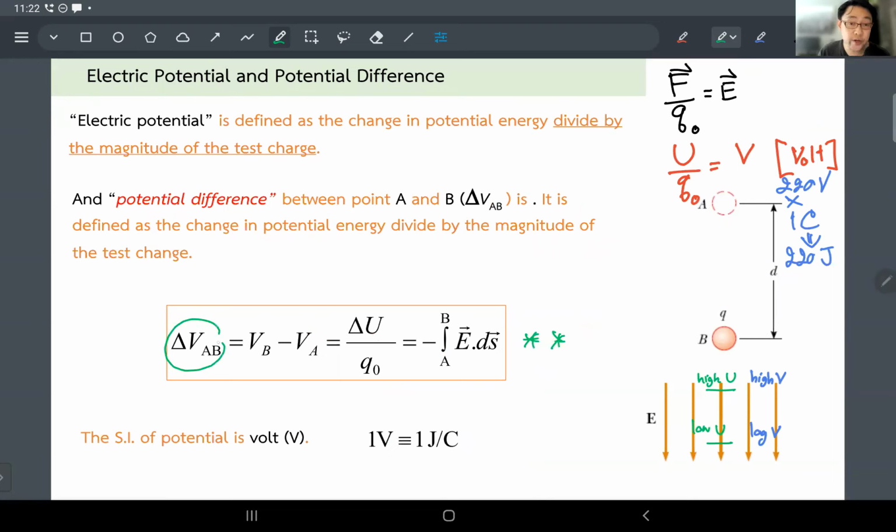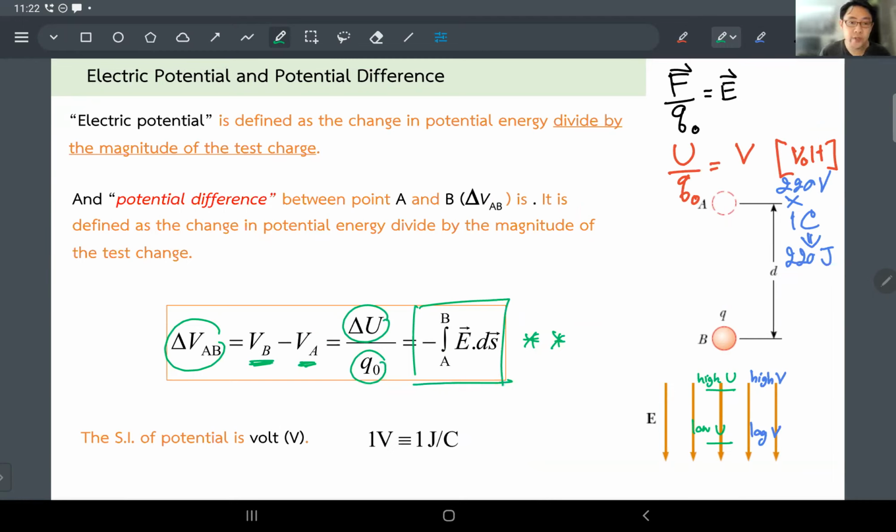So the potential difference between 2 points is going to be the potential at the final point minus the initial point. It's exactly the same as the potential energy difference between those 2 points, but calculated per unit charge. So you get rid of the charge in the previous equation and you're down with this formula right here. Cool.